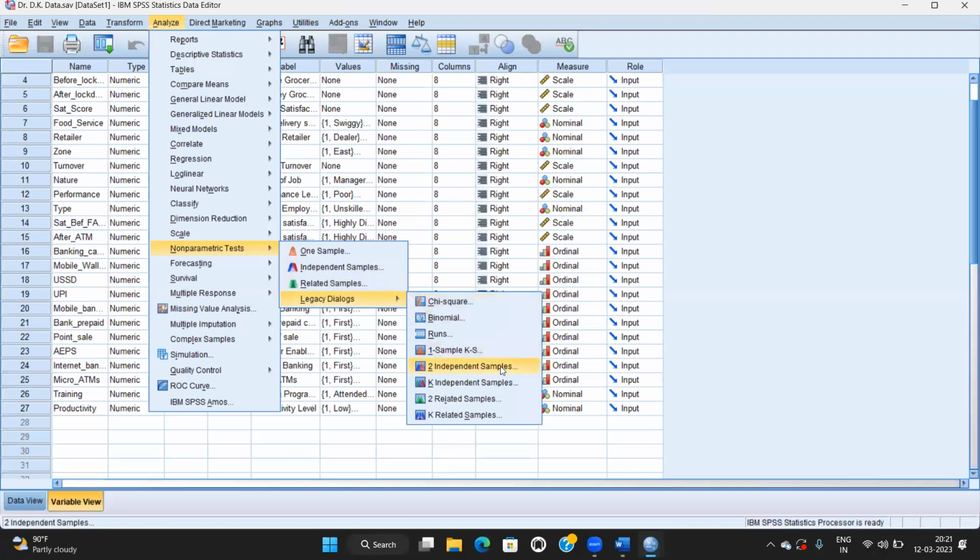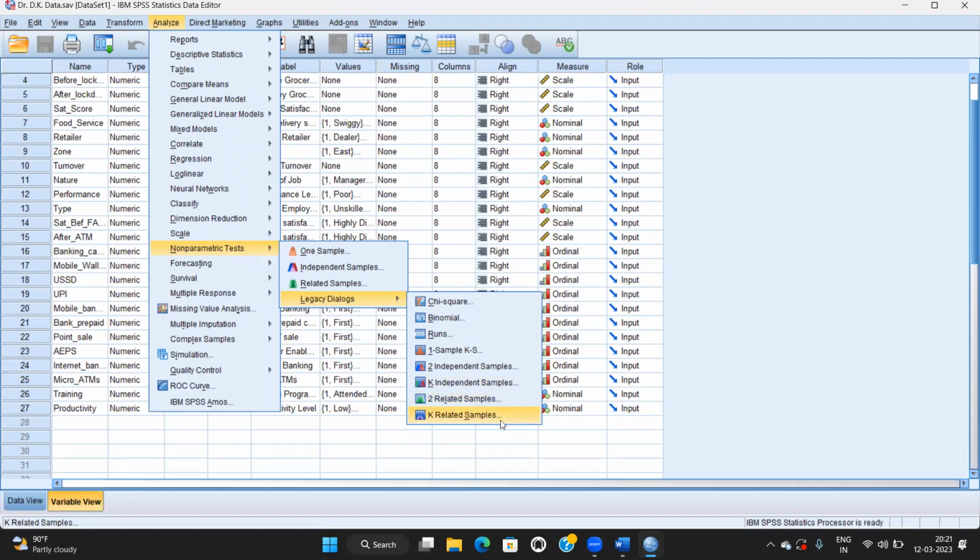Mann-Whitney U test is called the 2 independent samples test. Kruskal-Wallis test is called in another way K independent samples. Then Wilcoxon 2 related, Friedman test K related samples.